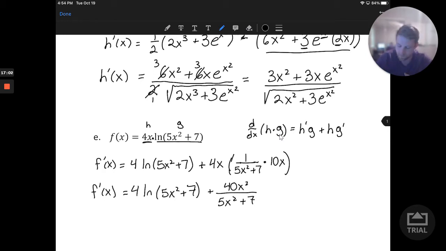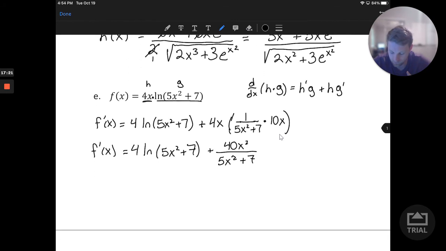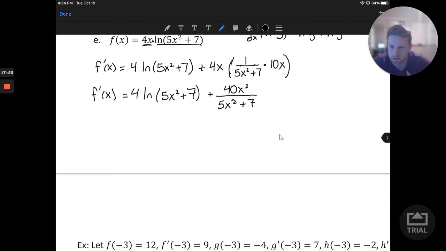So we can leave that as such and call that derivative good. So there's a product rule with a chain rule piece involved. We'll continue working through a few more examples.